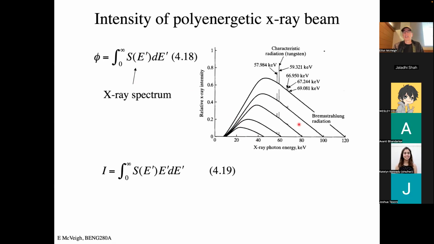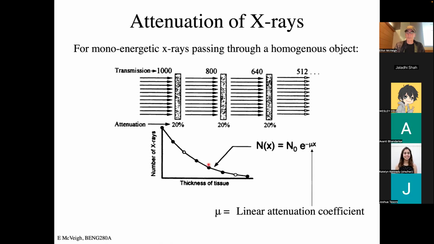And I can just integrate under that curve to get the total number of photons per unit time, per unit area coming out of my tube. So then I multiply that by energy and I get an intensity, right? How many X-rays at this energy are coming through is governed by the probability density function, this density function S(E). So I just integrate under that probability density function times the energy, and that gives me my intensity.